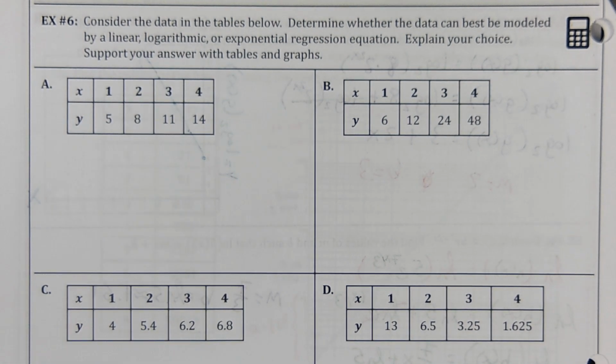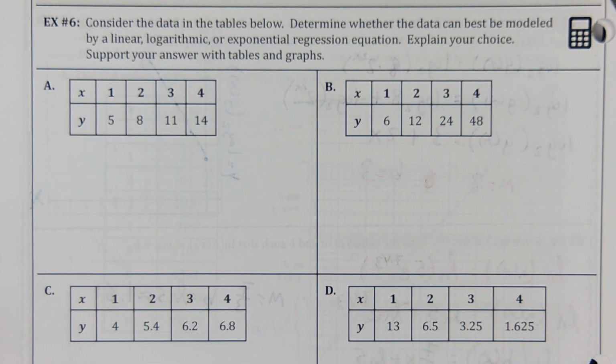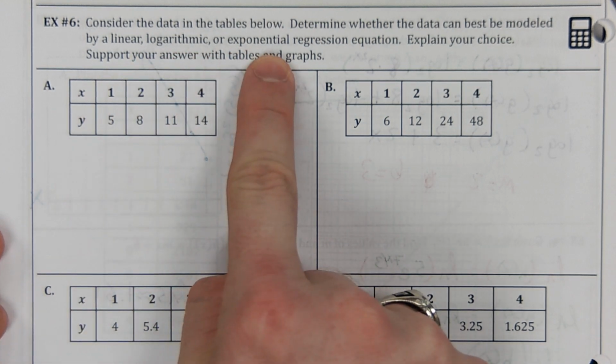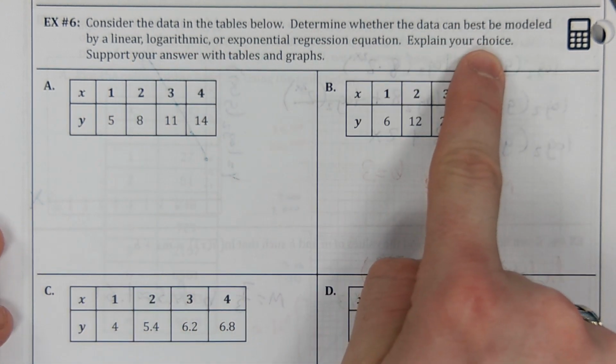We're going to continue down the same road of thought, only now, what if we just had tables of data and we needed to determine what kind of model we were working with? So it says consider these tables below, determine if the data is linear, logarithmic, or exponential, explain how you know.